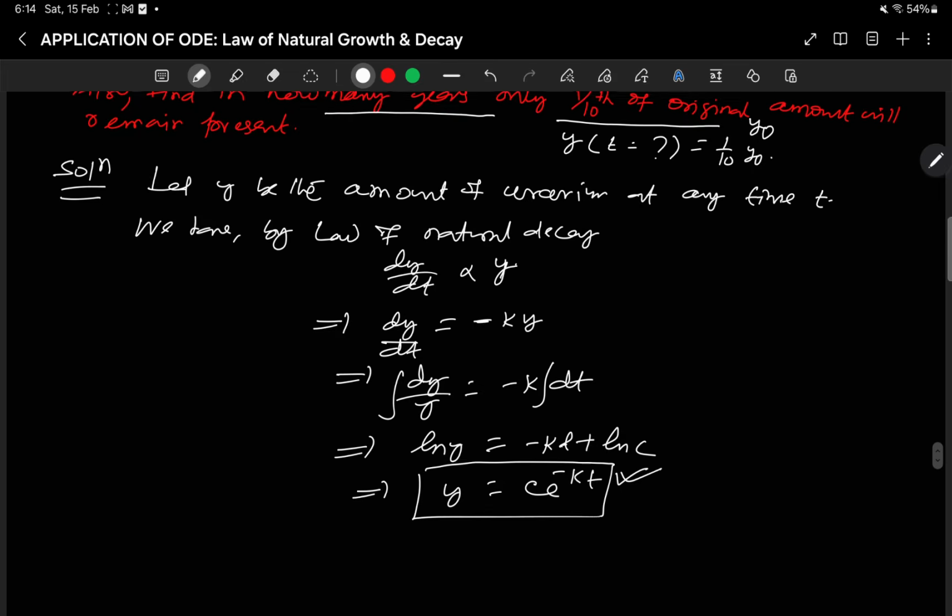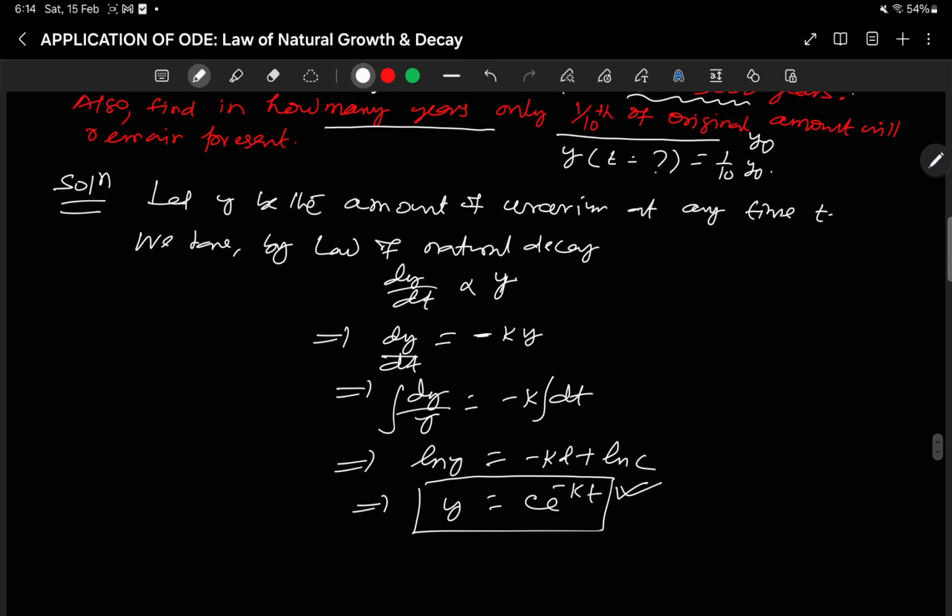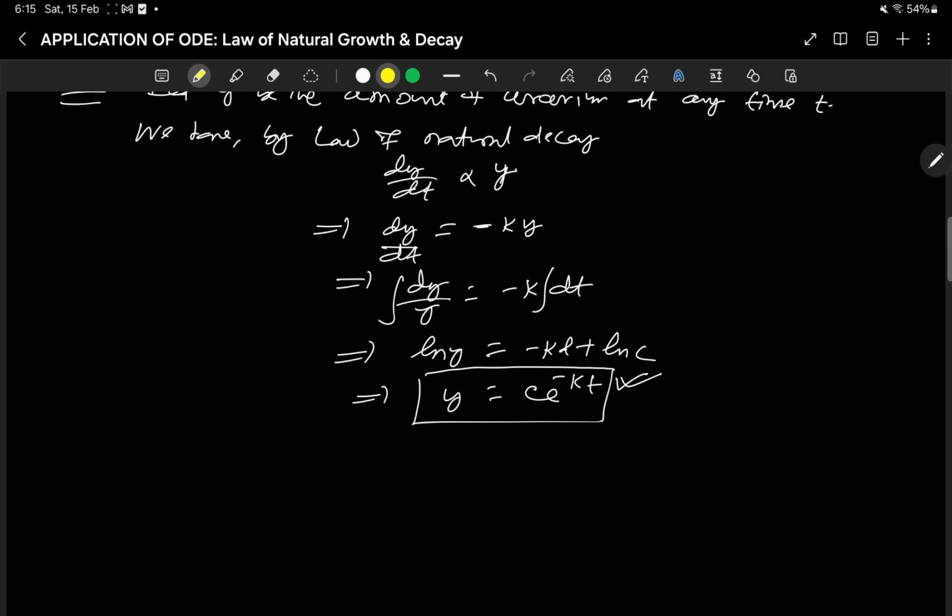Now coming to the conditions, see the conditions carefully. In view of the conditions, let y0 be the original amount, the initial amount at time t is equal to 0.